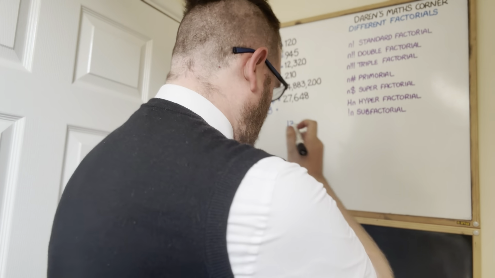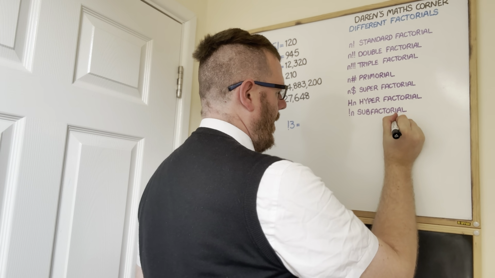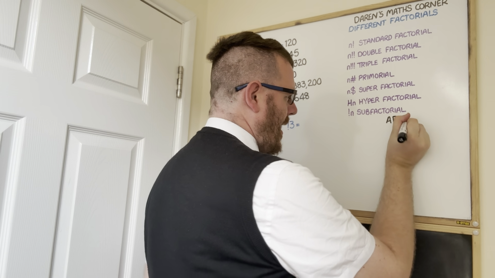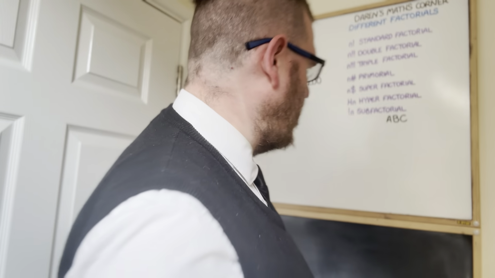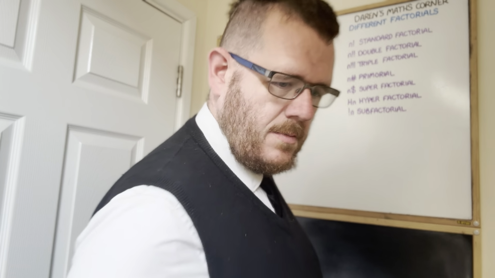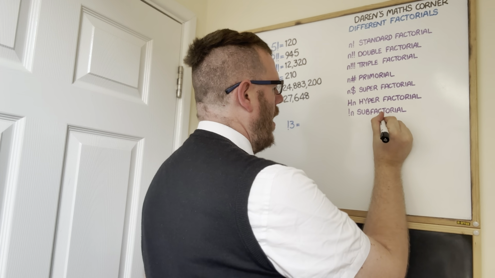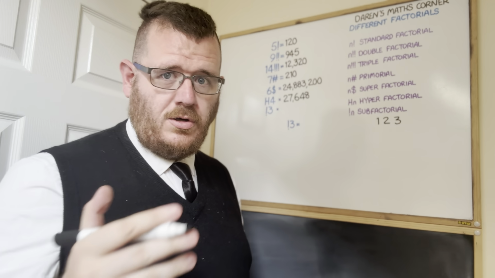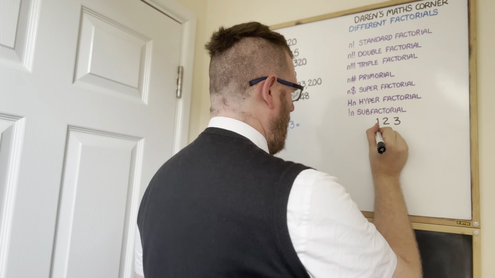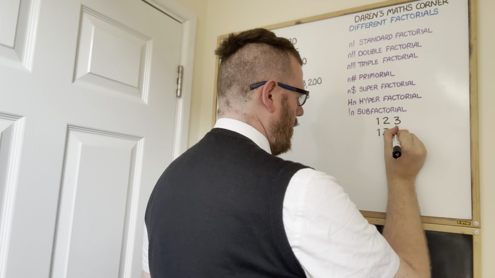So for example, with a 3, you can do A, B, C. Or even better still, because this is maths, let's do numbers. So you can go 1, 2, 3. But then you can also have, in this case, 1, 3, 2.